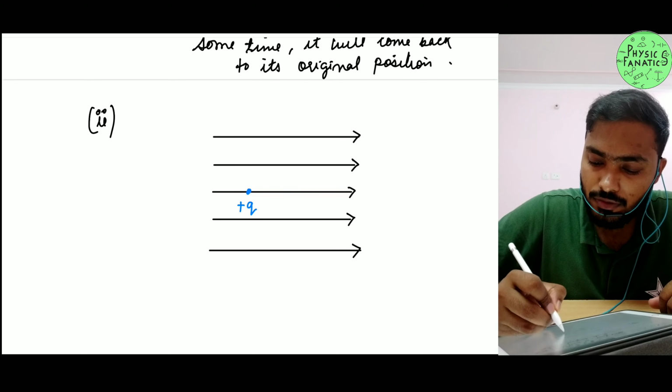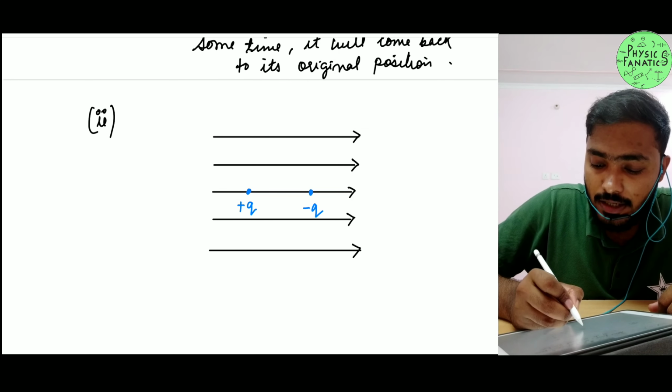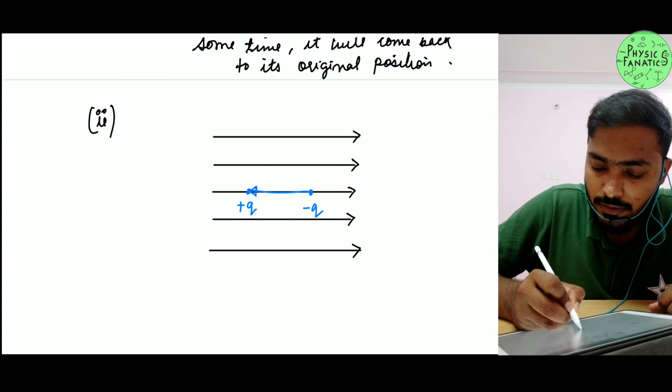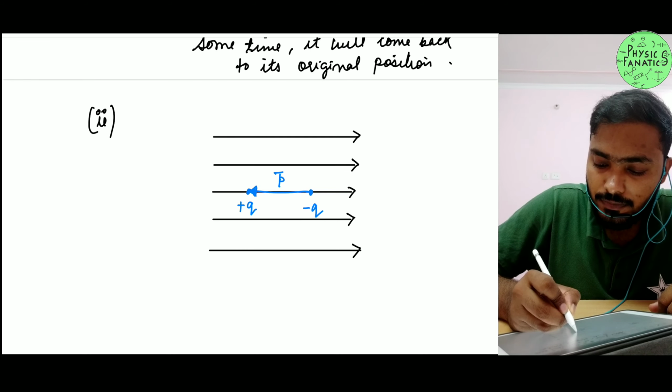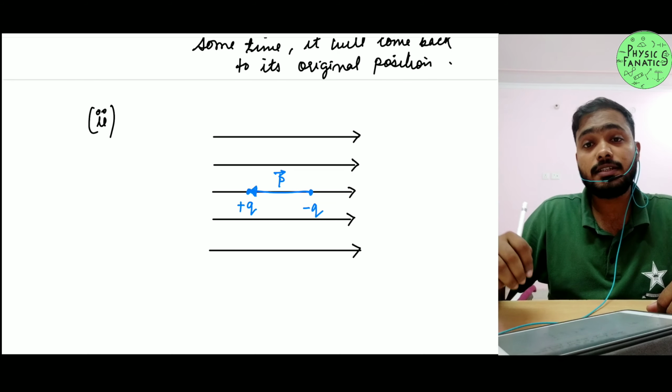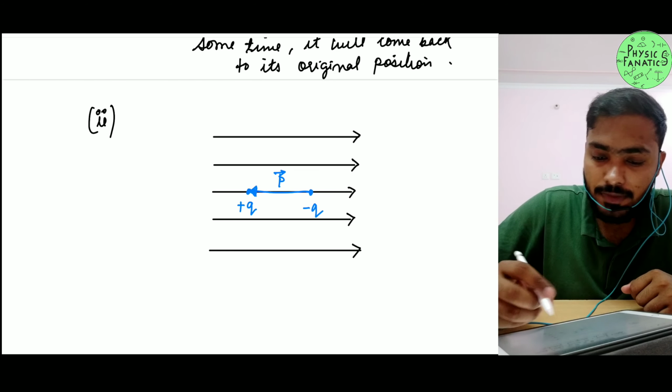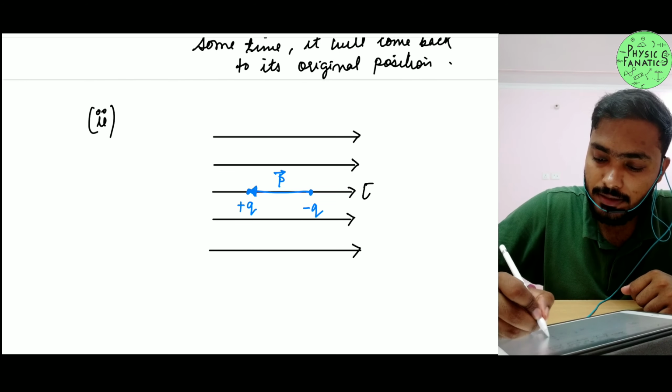This is my positive q charge, this is my negative q charge. The dipole is from minus to plus q, right? So this is my dipole. You guys can see that the dipole is from here to here, right? Okay, this is my electric field, right?